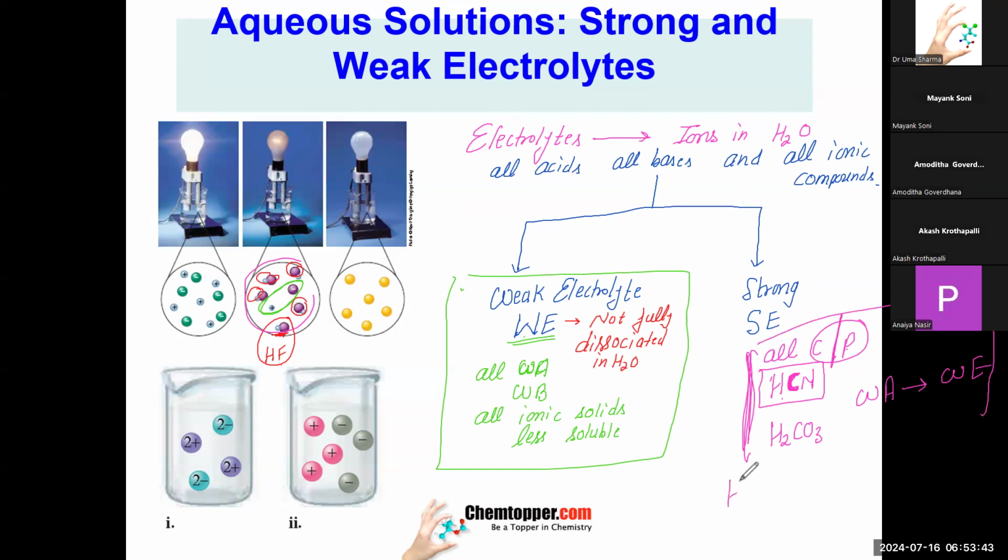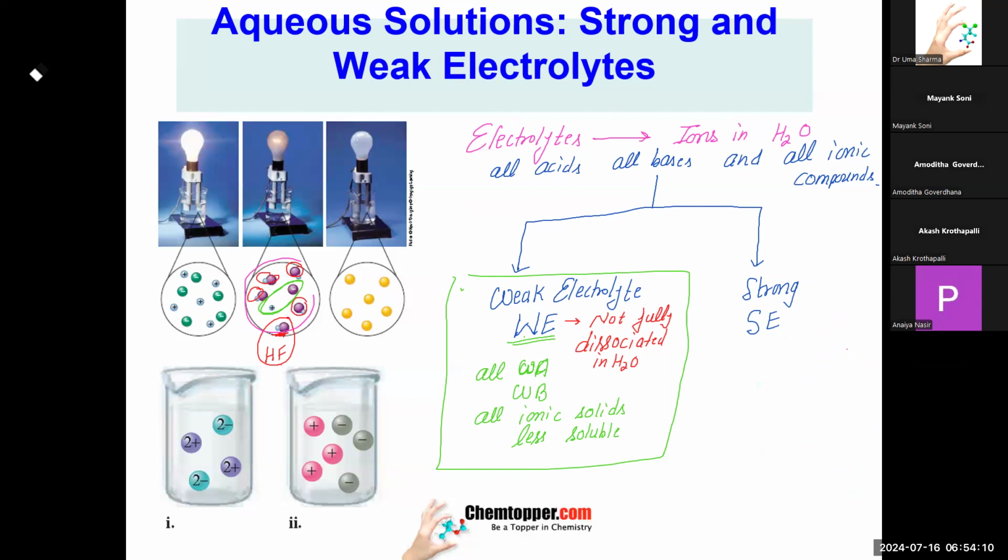What do you think for H3PO4? Strong, weak? Weak. Is it a strong electrolyte or weak electrolyte? Weak electrolyte. So it means it's not 100% dissociated. Try to understand the meaning of weak here. Weak acids are not fully dissociated. They are weak electrolytes, right?